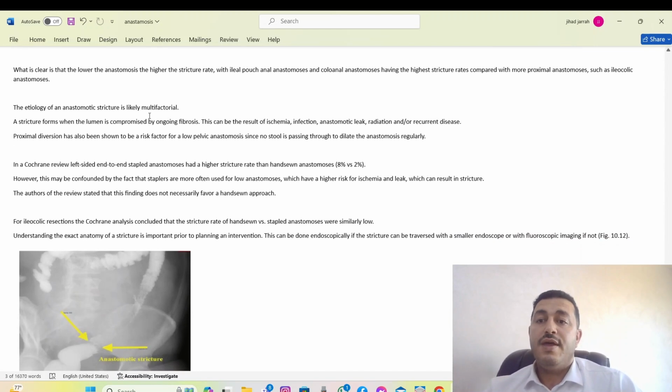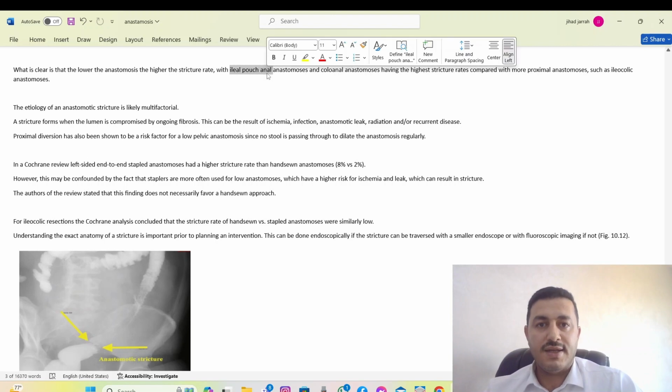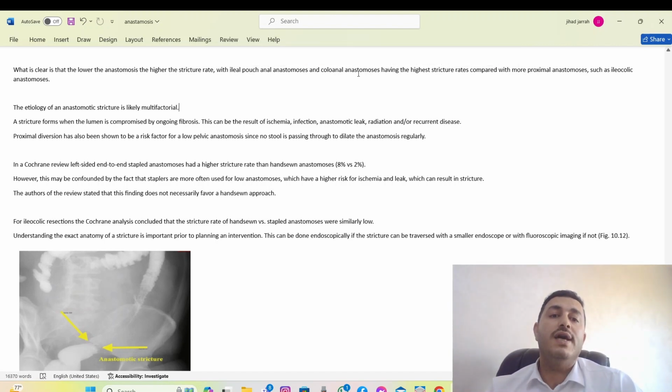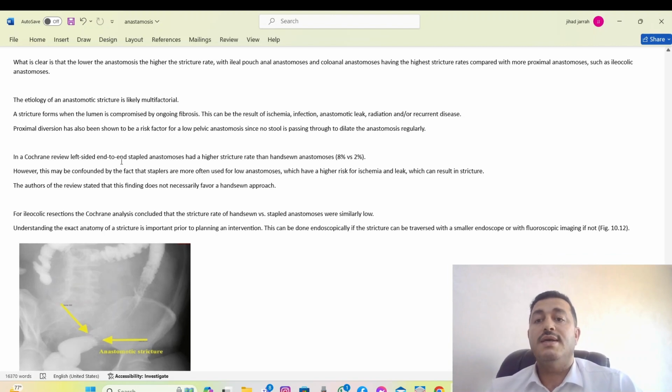Okay, the more distal the anastomosis, or the lower the anastomosis, the higher the stricture rate. So, for example, ileal pouch anal anastomosis and coloanal anastomosis have a higher risk of stricture when we compare them to more proximal ones, such as the ileocolic anastomosis.